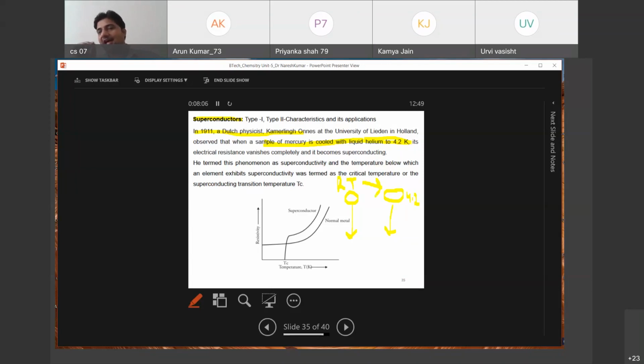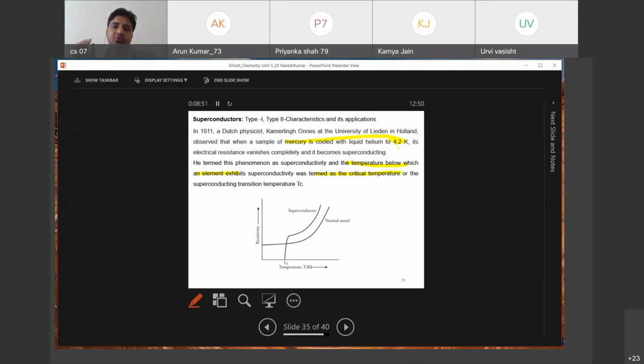The temperature below which an element exhibits this kind of feature is known as the critical temperature. Here we discussed that when you cool mercury to 4.2 Kelvin, it becomes a superconductor.